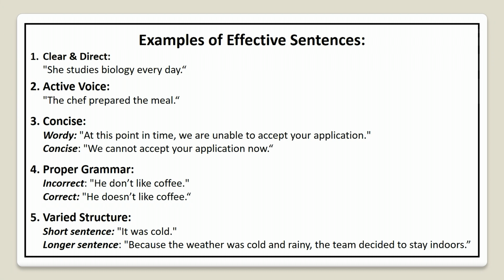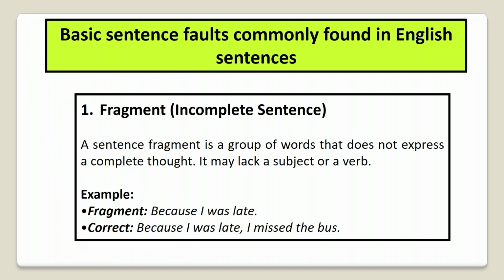What are the basic sentence faults commonly found in English sentences? Now we are coming to the basic sentence faults. First, fragmentation, the incomplete sentence. A sentence fragment is a group of words that does not express a complete thought. It may lack a subject or verb, and then it is called a fragmented sentence. For example, fragmented: Because I was late.